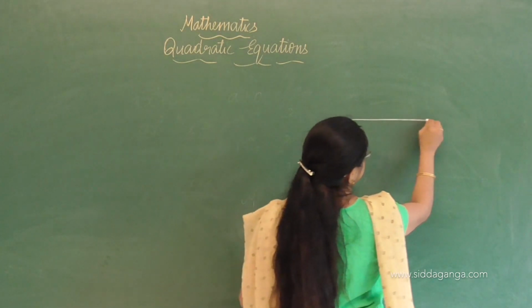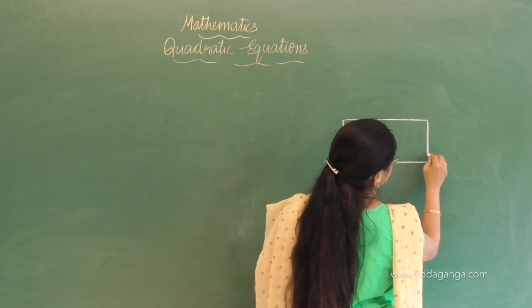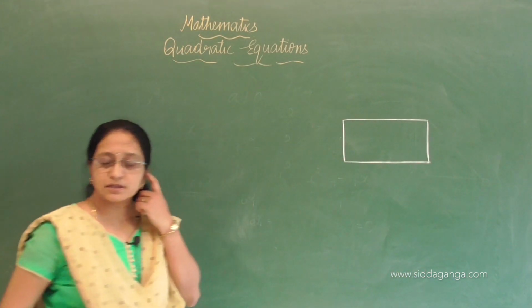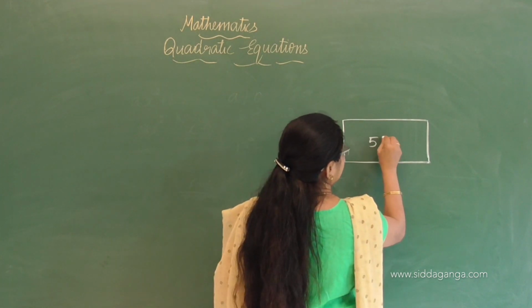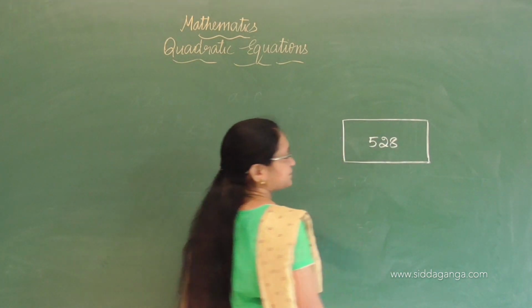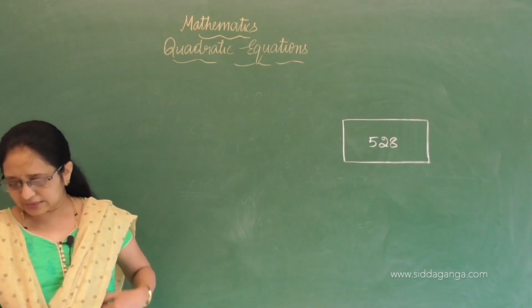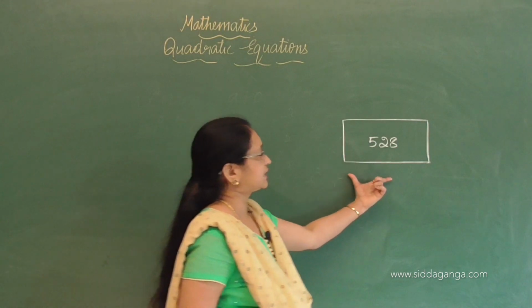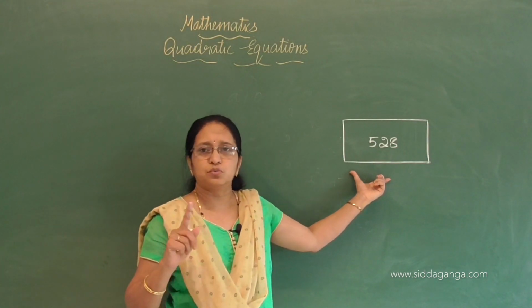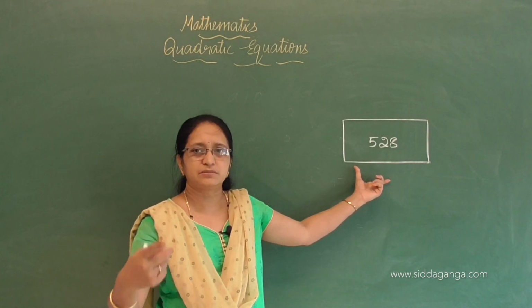Consider a rectangle whose area is given, 528, and the length of the rectangle is 1 more than twice the breadth.